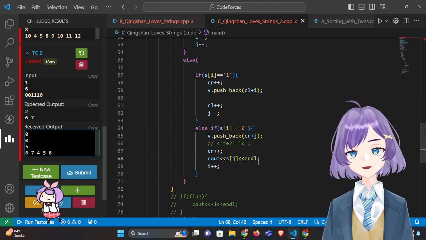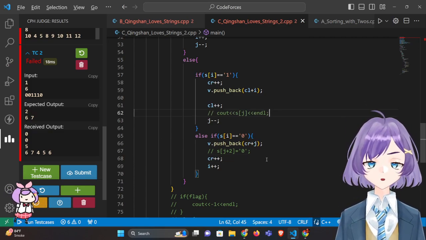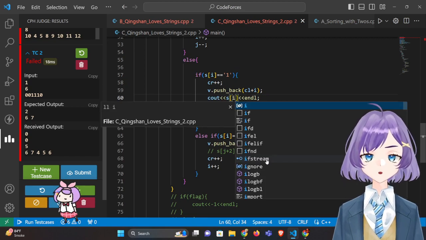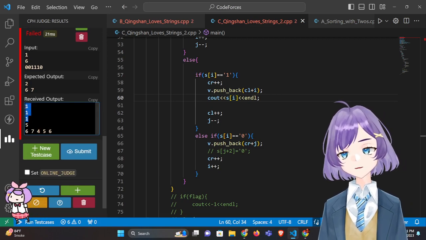So it's working correctly. That's why it's working.